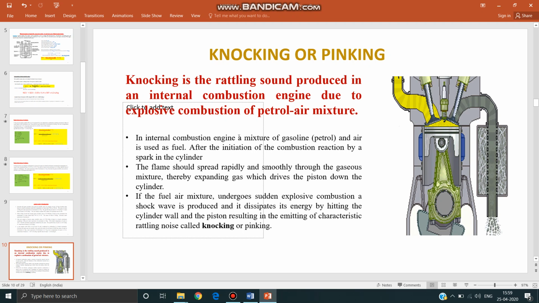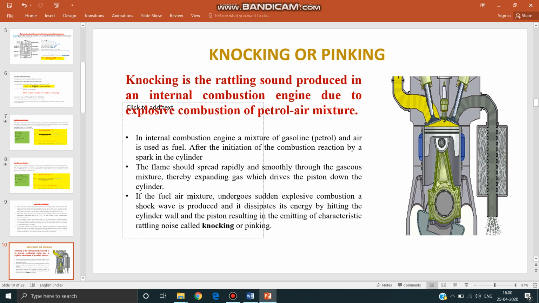Now, after the initiation of the combustion reaction by a spark in the cylinder, the flame should spread rapidly and smoothly through the gaseous mixture, thereby expanding the gas, which drives the piston down the cylinder.